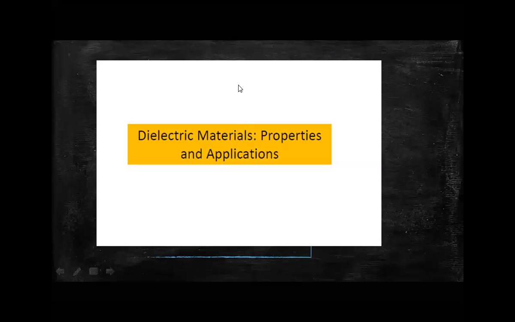As you all know, materials are classified into mainly three types. Based on conductivity, we classify them as conducting materials, which we call conductors, insulating materials, which we call insulators, and semiconducting materials, which we call semiconductors.